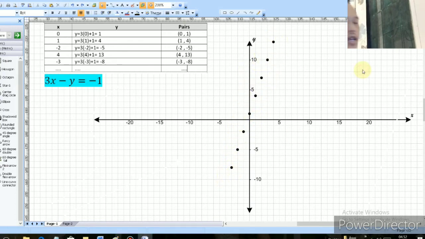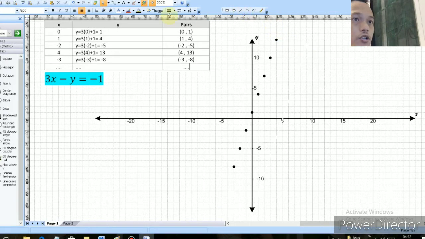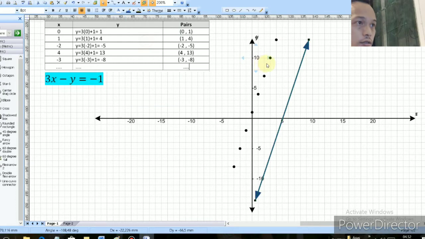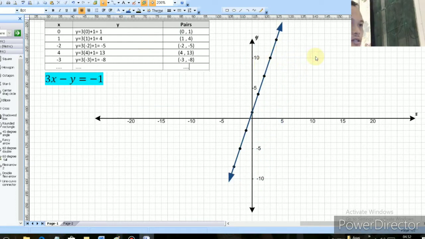Okay, and in the end, maybe now I can assume that it is a straight line like this. There. If you are still uncertain, you have to know that this straight line, this graph, shows that all of the pairs on this line will satisfy this equation.